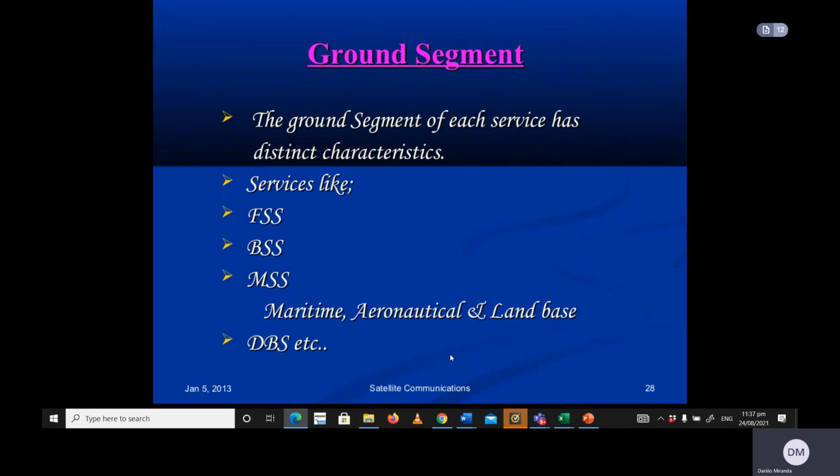So for the ground segment, you have the FSS, the fixed satellite service, the BSS, the broadcasting satellite service, the MSS, the mobile satellite services, and the direct broadcast satellite, those TV systems, television.